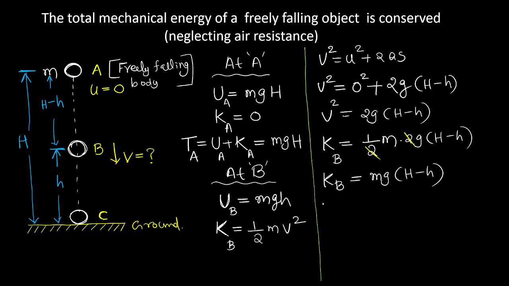So I want total energy at B. It is the potential energy at B plus kinetic energy at B. Potential energy is mgh. Kinetic energy, I got it right now, mg into H minus h.